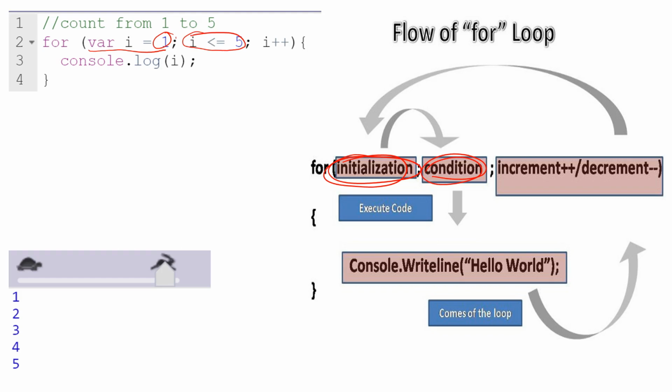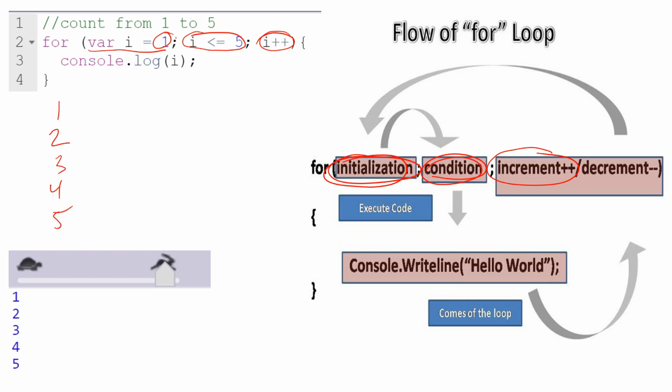As long as i is less than or equal to 5, we do another iteration. And we're incrementing with this. The first time we go through it's 1, the second time 2, 3, 4, 5, and then we stop on 5.